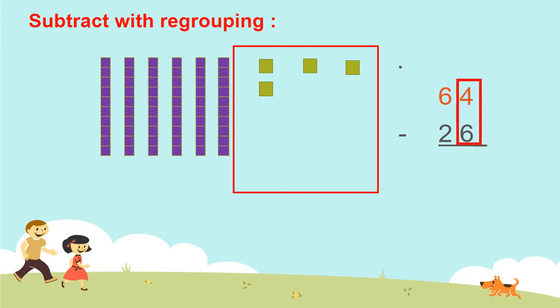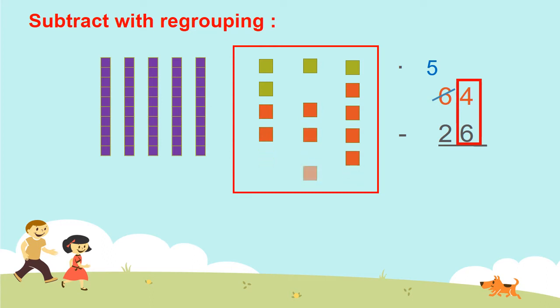Now I have 5 tens, and I divide this 10 into how many ones? Here, let's count 1, 2, 3, 4, 5, 6, 7, 8, 9, 10.